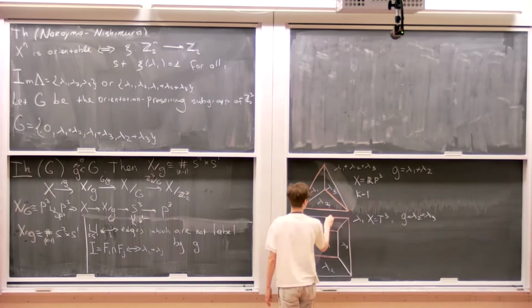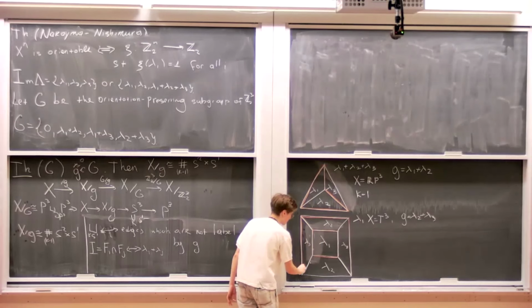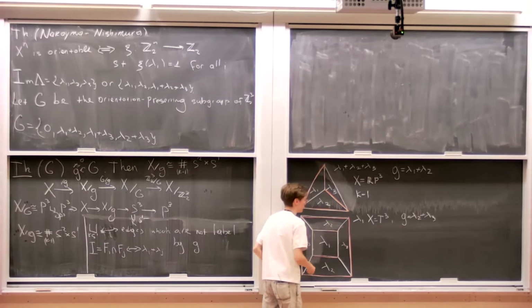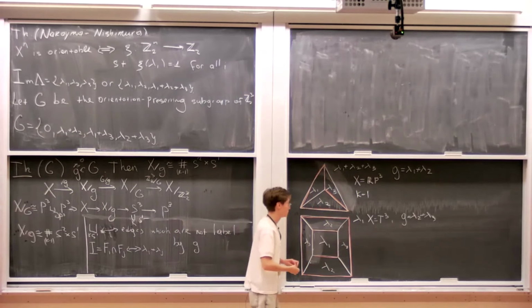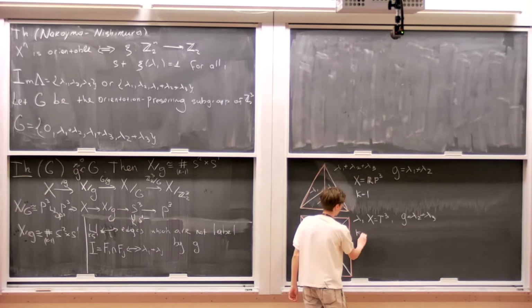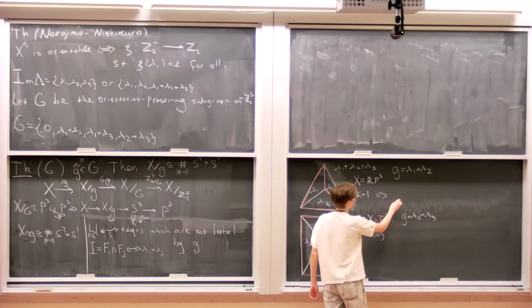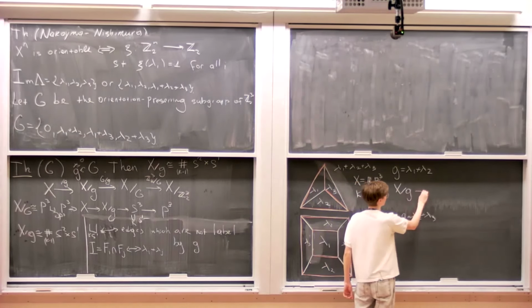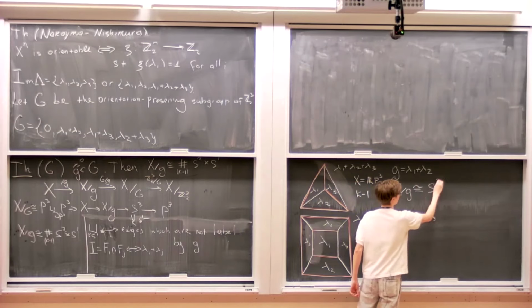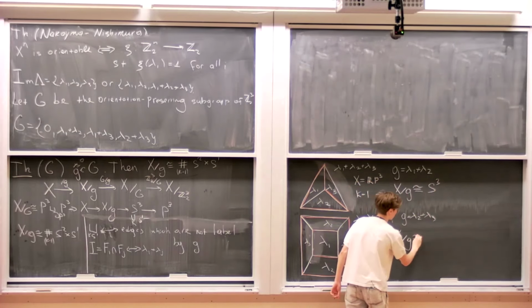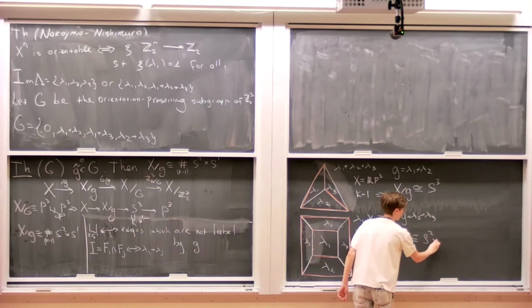And this gives me that the orbit space by this involution will be S2 times S1. So in this case, k equals 2. Therefore, in the first case X quotient by G is homeomorphic to S3, and in this case X quotient by G is homeomorphic to S2 times S1.